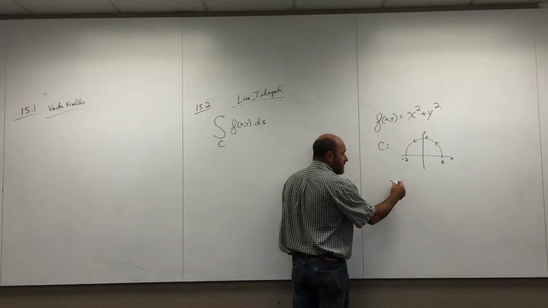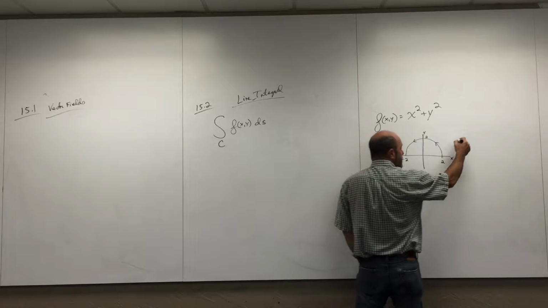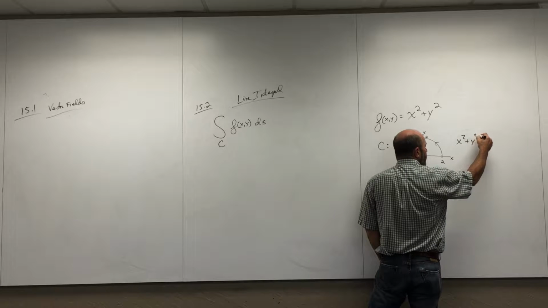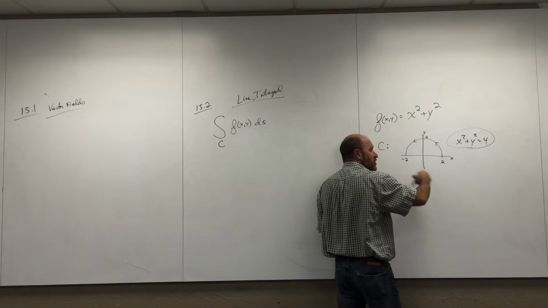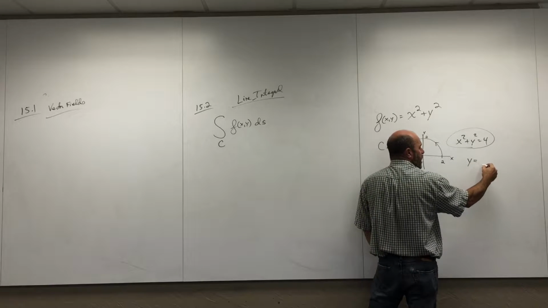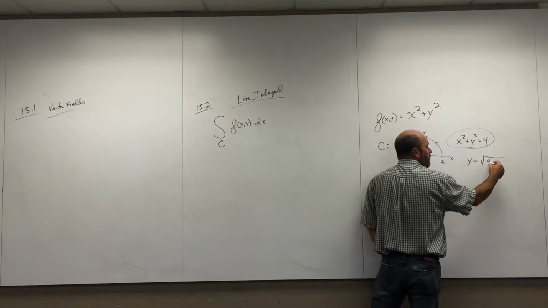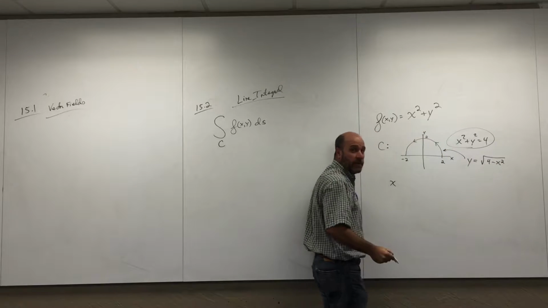I need to describe this curve. A good old rectangular equation is x squared plus y squared equals 4. Actually, that's the entire circle of radius 2. If I want the semicircle, maybe I would solve for y and call it the square root of 4 minus x squared. That would be the upper semicircle.